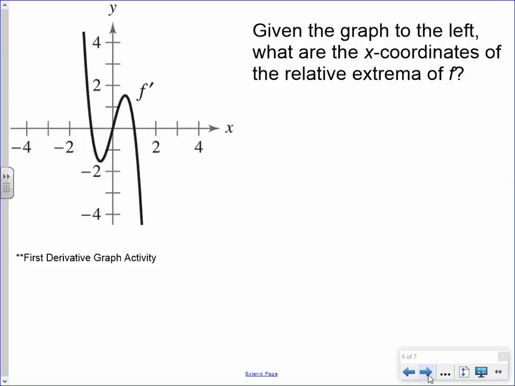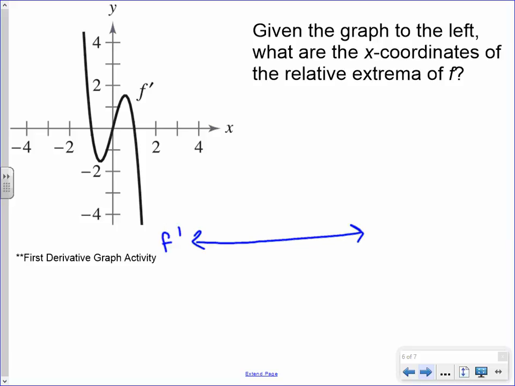Okay, so I'm going to give you and your group an activity to do here where we need to determine the x-coordinates of relative extrema. Okay? So if this is the derivative, right? Where would our critical points be? At the zeros.